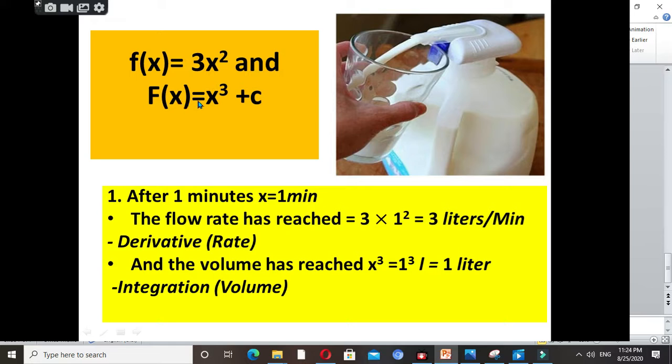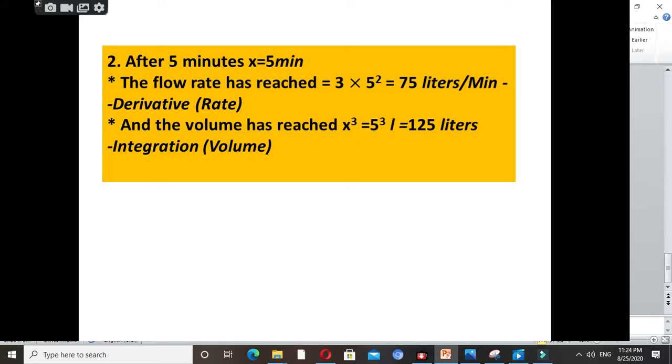Now we calculated for 1 minute. If we calculate for 5 minutes, after 5 minutes x is equal to 5. The flow rate has reached 3 times 5 square, because there is 3x square.